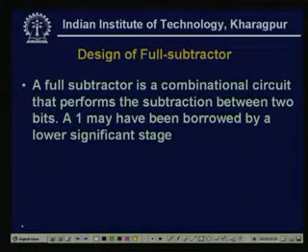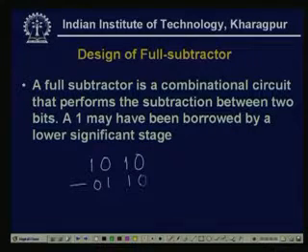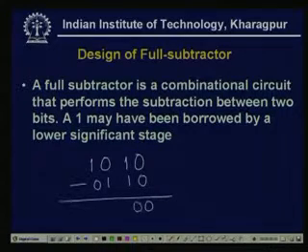So, a 1 may have been borrowed by a lower significant stage. Just like the full adder circuit, say we take 1 0 1 0 and we want to subtract 0 1 1 0. Then 0 minus 0 is 0, 1 minus 1 is 0, but 0 minus 1, here actually we borrow a 1, so this 0 becomes 1 0.